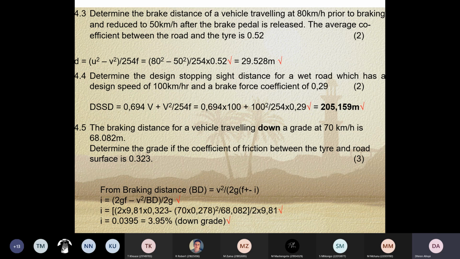If you solve for i, it would have given you firstly a decimal answer, 0.0395, and as a percent, multiplied by 100, 3.95% downgrade. Okay. And if you got that one correct, then allocate yourself 3 marks for that.